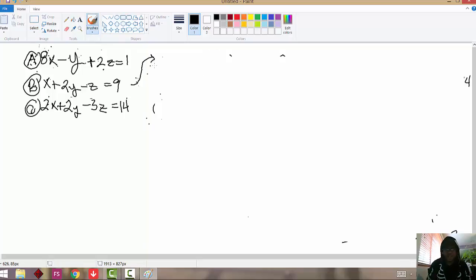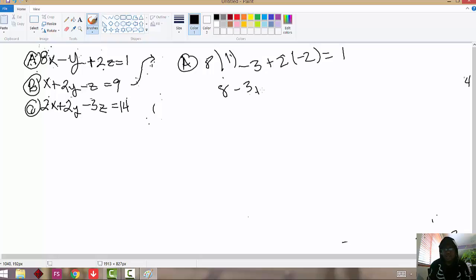So we're going to say the first one, A. So 8 times 1 minus 3 plus 2 times negative 2 should equal 1. 8 times 1 is 8 minus 3 plus, well, it's going to be negative 4 equals 1. 8 minus 3 is 5 plus negative 4 should equal 1. Yep. So 1 equals 1. There you go.